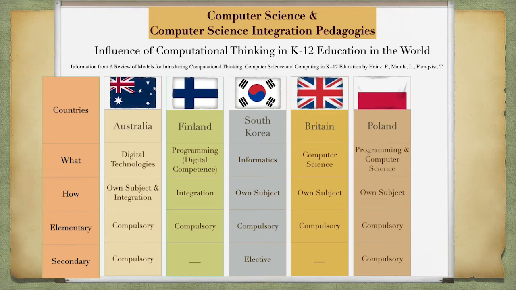Poland. In Poland, computer science has been a subject in secondary education since the second half of the 1960s. In the 1990s, the first national curriculum was introduced. In the proposal, computer science is a compulsory subject in all grades.